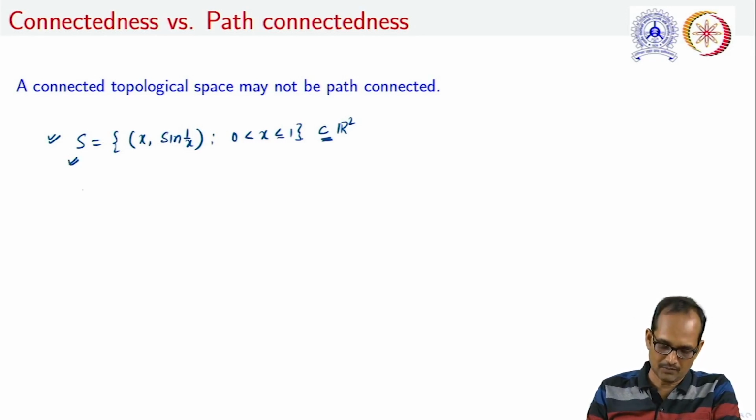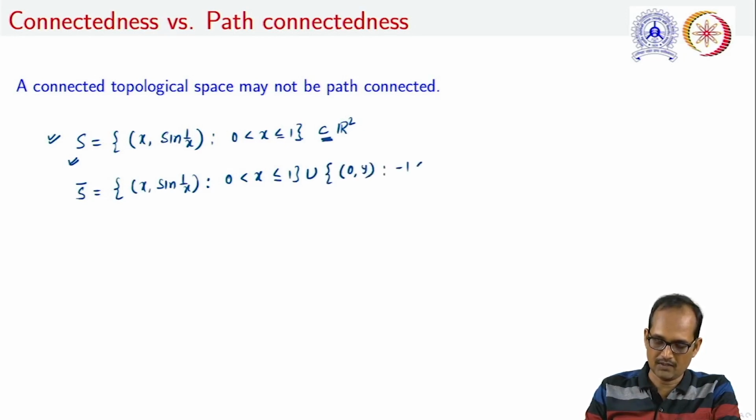Also, if we compute the closure of this set, the closure is given by the set itself, that is x greater than 0 and less than or equal to 1, union the ordered pairs (0, y), where minus 1 is less than or equal to y less than or equal to 1. This curve, that is this set, is known as the topologist sine curve.